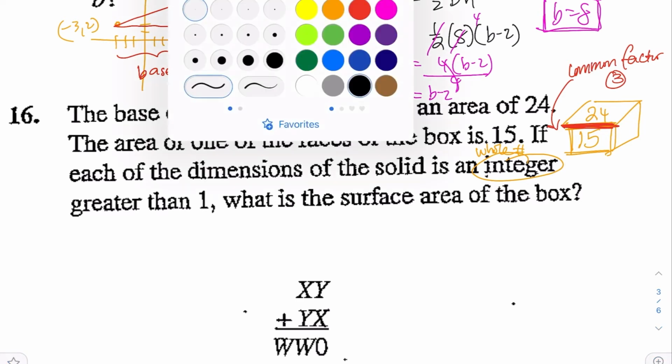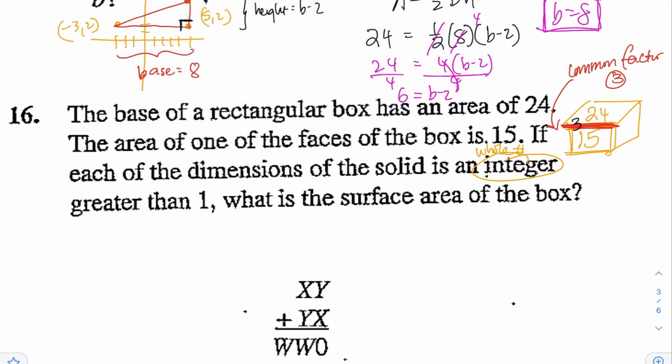So if this side is, let's say, 3, then this side has to be 15 divided by 3, or 5. Alternatively, if this side is equal to 3, this side will have to be 24 divided by 3, or 8, because 3 times 8 has to be 24, whereas 3 times 5 has to be equal to 15.